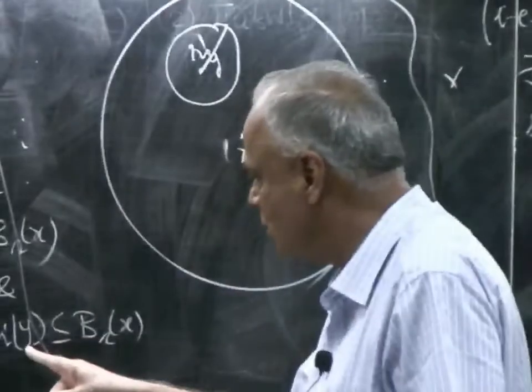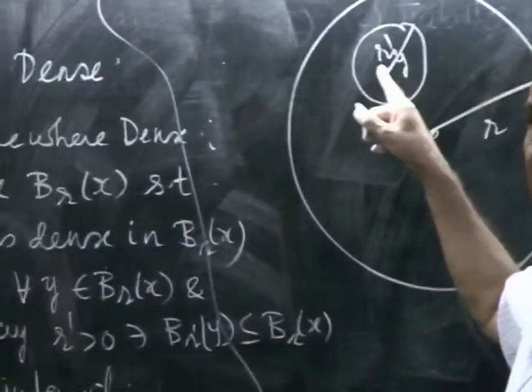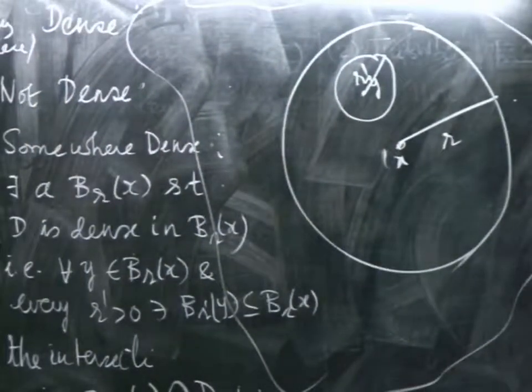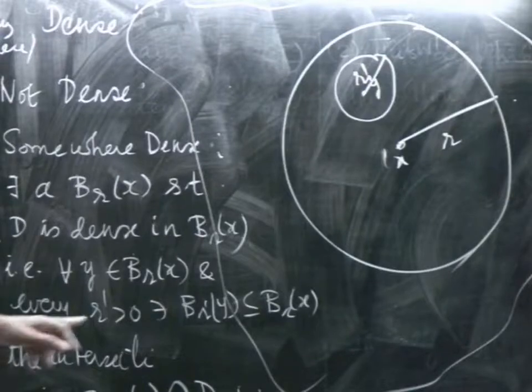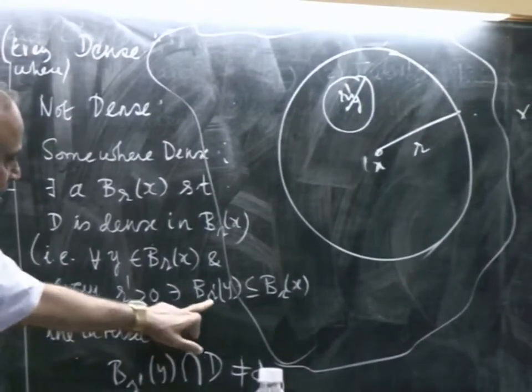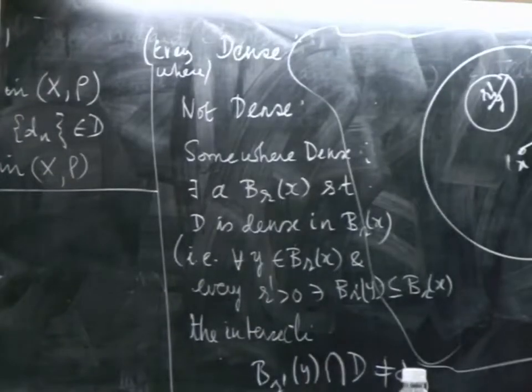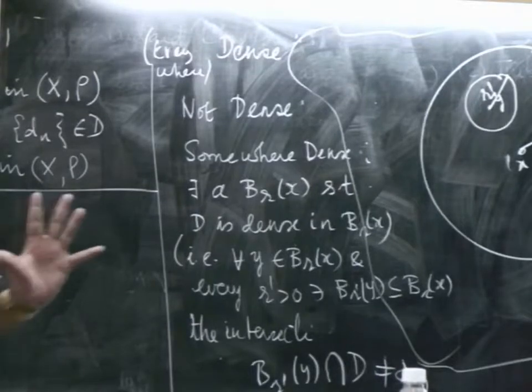With R prime chosen such that you are inside. I have written R prime greater than 0 such that B(r prime, y) is contained in that. The whole universe is that. I may slightly modify that, but we will stick to that. At the moment, intuitively, this is a right definition.